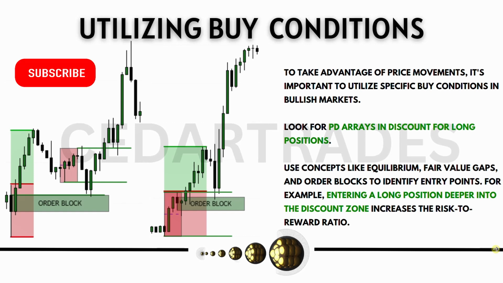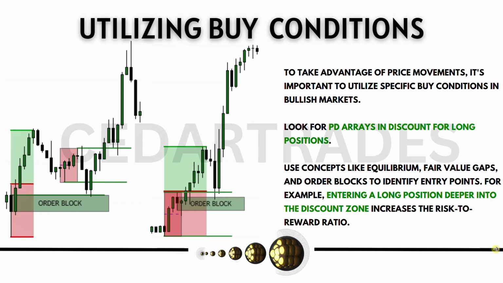Why? Because you are buying discount prices. Like I always say, think about this. You are saying, if the price is cheap, I'm willing to buy cheap prices. That's discount prices. If price is high, I am willing to sell expensive prices. That's premium prices, right?